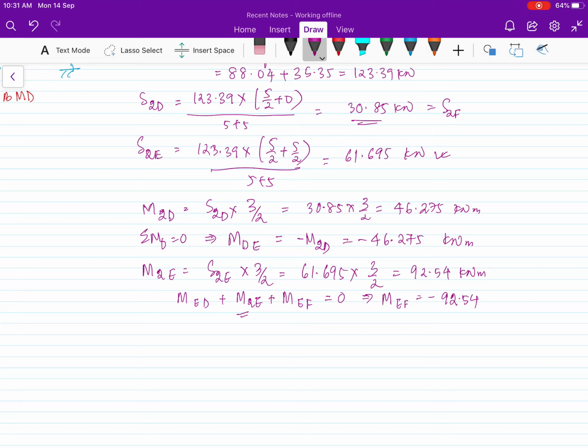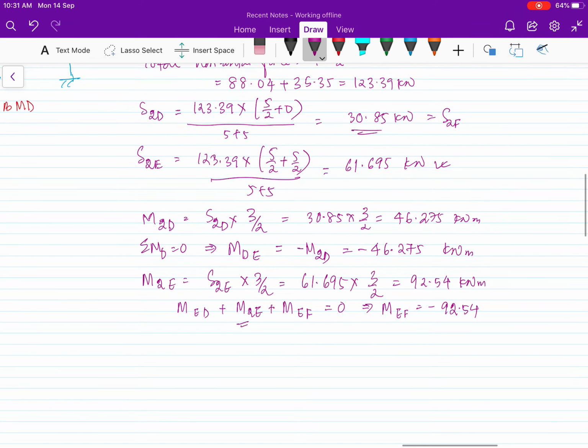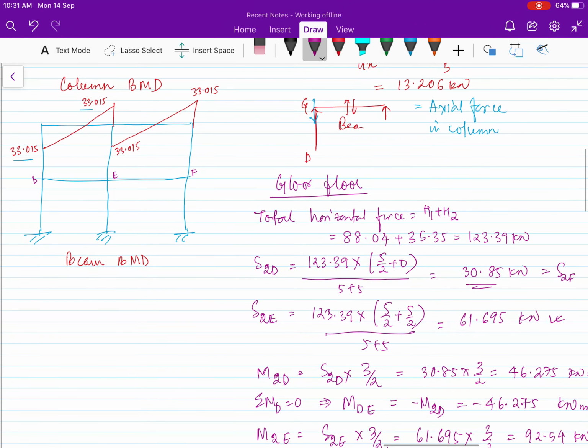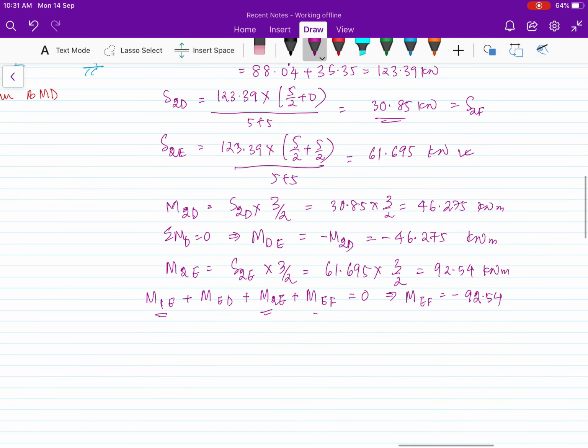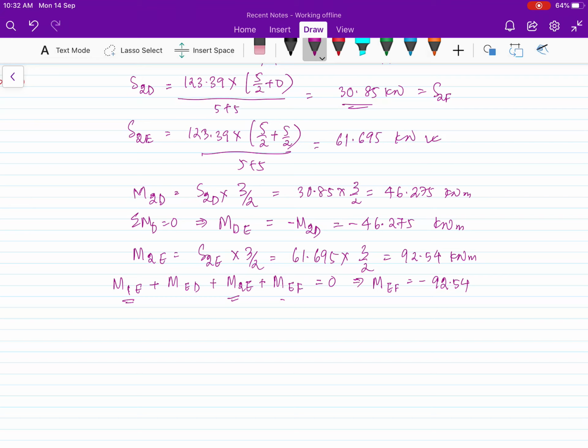Then there is also a moment about the upper column, because there are 4 members coming. So at E, there are 4 members coming, right? If you see at E point, 1, 2, 3, 4. So 2 beams and 2 columns. And also I have made a mistake here.